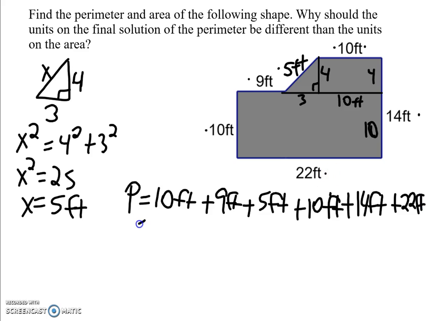And if I add all of these values together, I will get 70 feet. So the perimeter of this shape would be 70 feet.